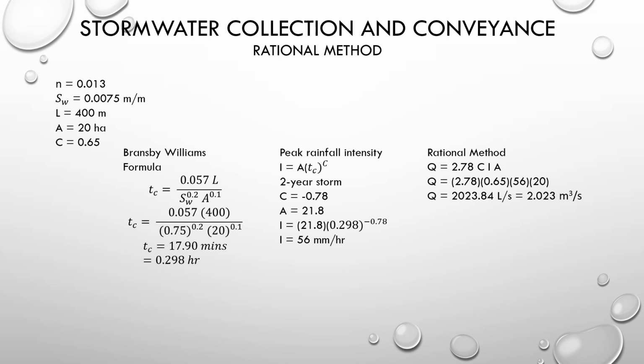Plugging this value into the peak rainfall intensity equation, we find for a 2-year rainstorm that the intensity is 56 millimeters per hour. And plugging this intensity into the rational method equation, we find that the flow of this catchment is 2023.84 liters per second, or 2.023 meters cubed per second.